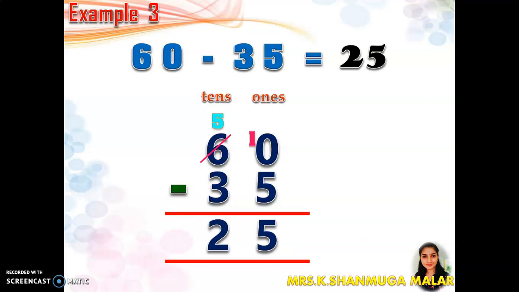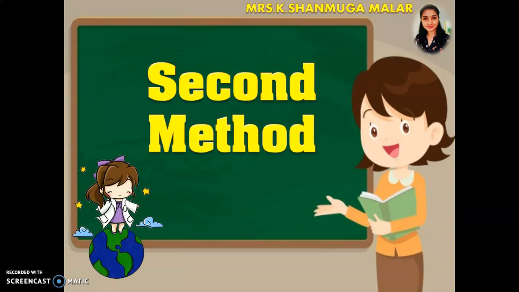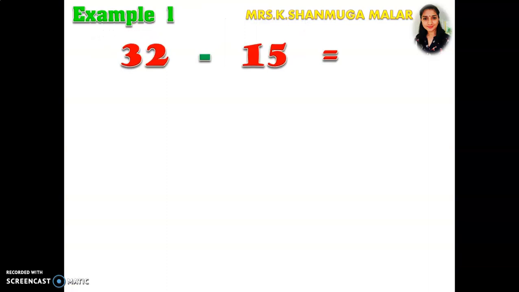Do you understand, students? Now teacher is going to teach you the second method of solving subtraction with regrouping. First example is 32 minus 15. In this second method, we must make the second number a round number, which is 15.